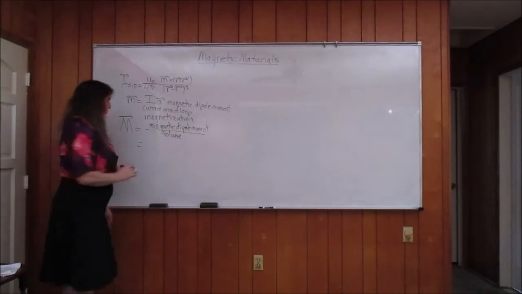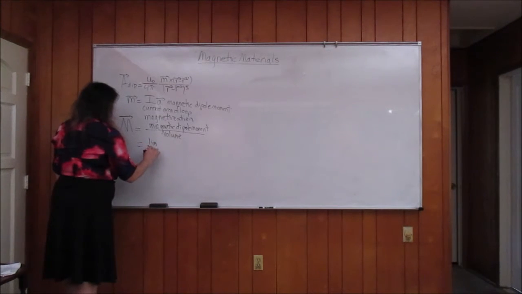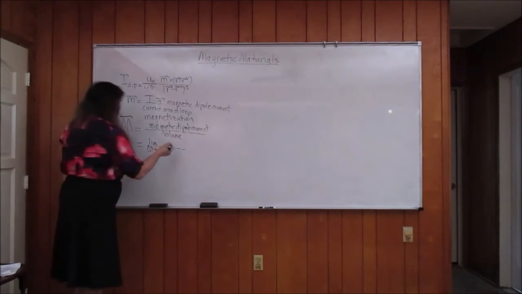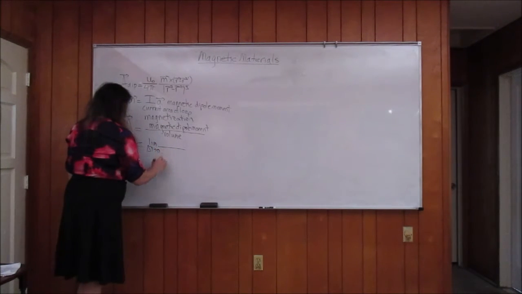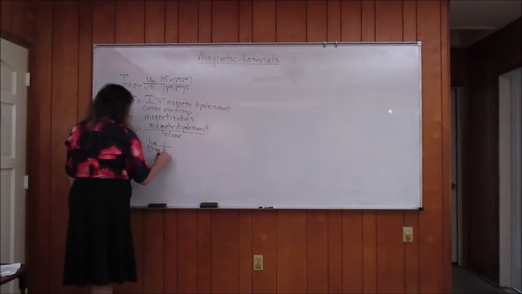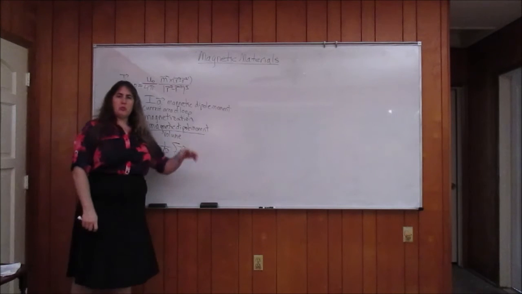The way you'd write that expression mathematically would be the limit of some volume as it goes to 0, of the sum of a bunch of dipoles within that volume.